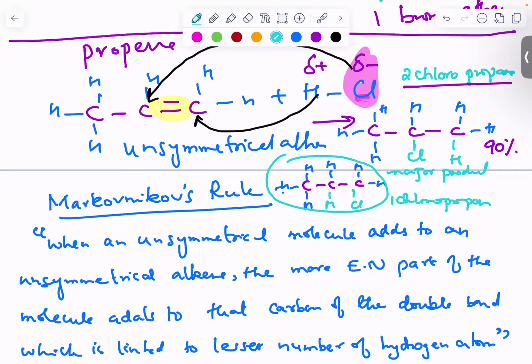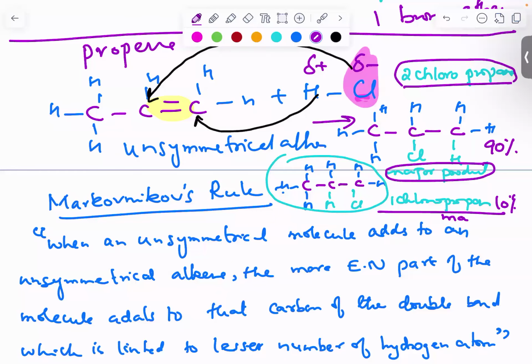So 10% would be 1-chloropropane and 90% would be 2-chloropropane. In other words, 2-chloropropane is called the major product and 1-chloropropane is called the minor product.